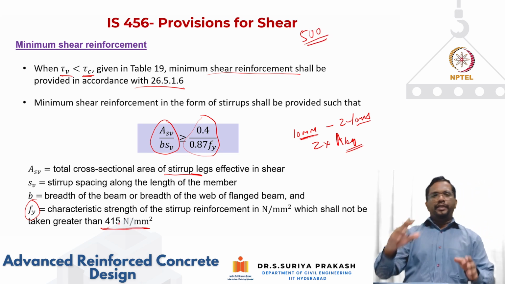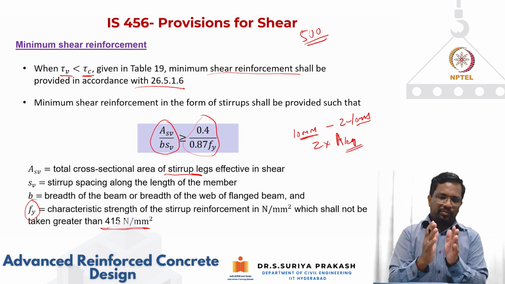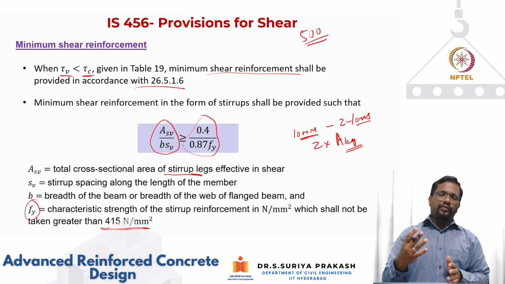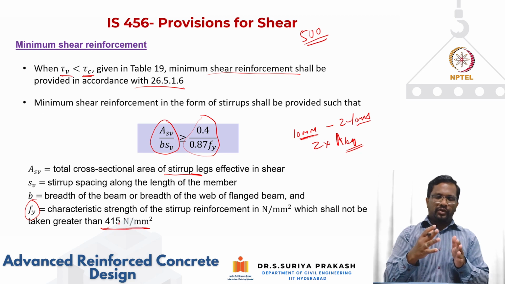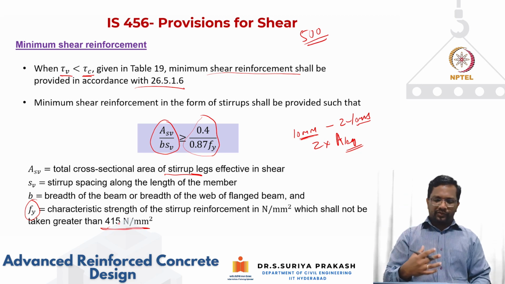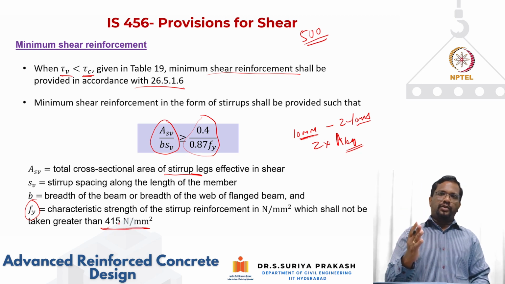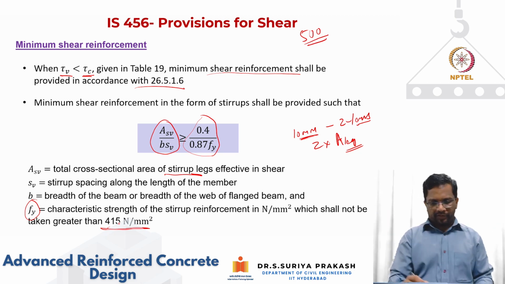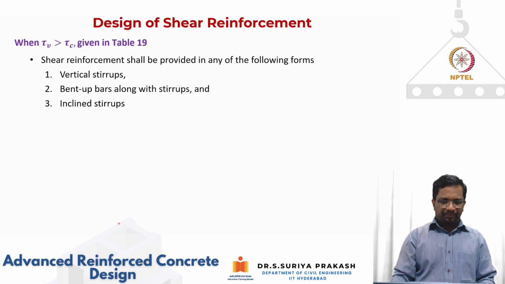And again, the reason is the code wants to be conservative and make sure that you are providing stirrup reinforcement at a closer spacing, because from a seismic design point of view also, providing closer ties, especially in the beam-column joint regions, is going to provide a lot of ductility. Similarly, in the columns also, the code recognizes that. That's why the code is making sure that you are not going to provide stirrups at a larger spacing. So Fy is actually limited to 415 megapascal.